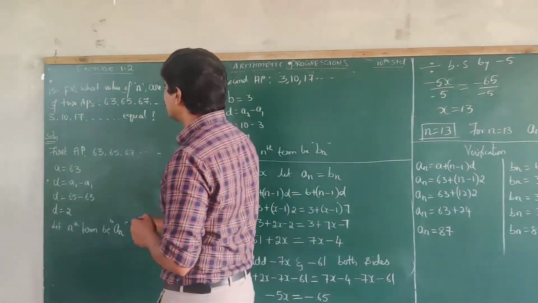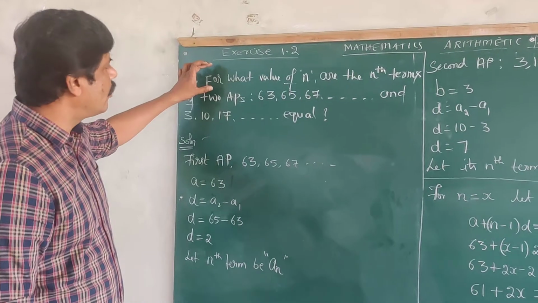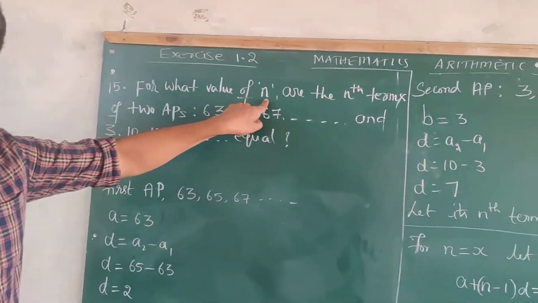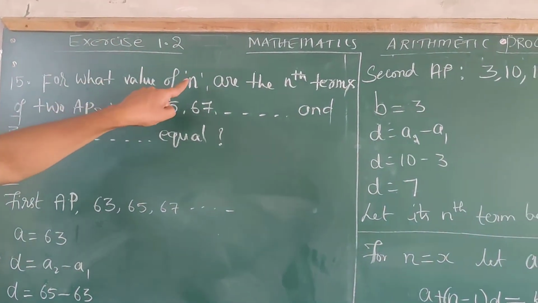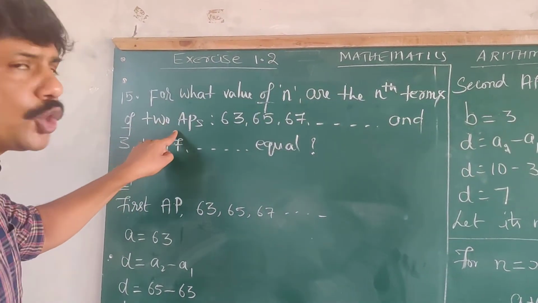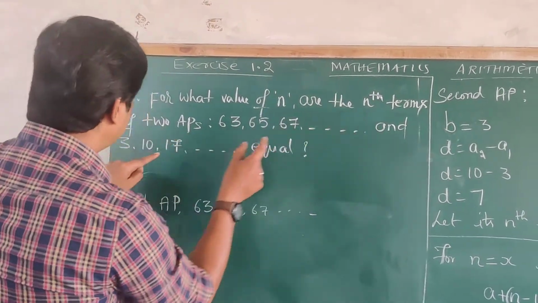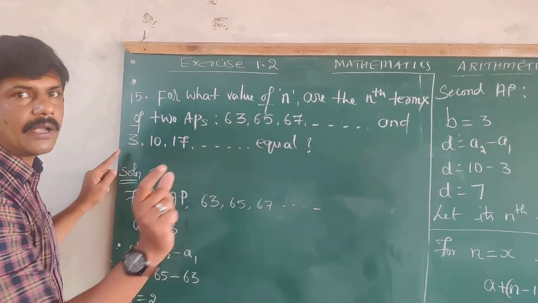Now, we will deal with the 15th problem of arithmetic progression: for what value of n are the nth terms of two given APs equal?